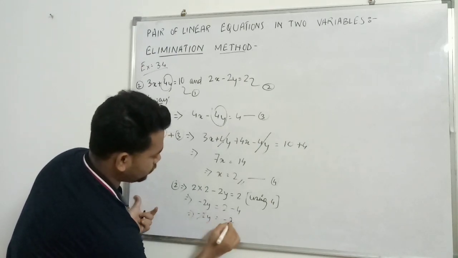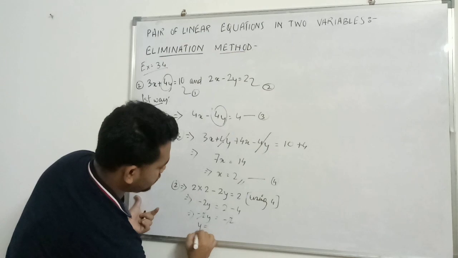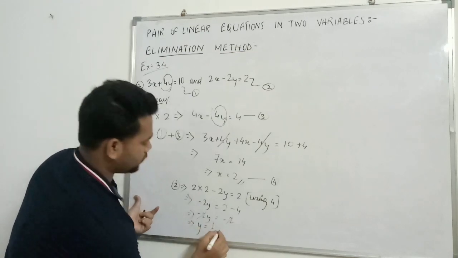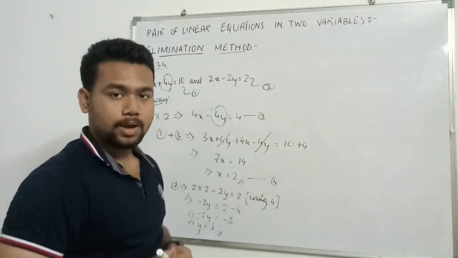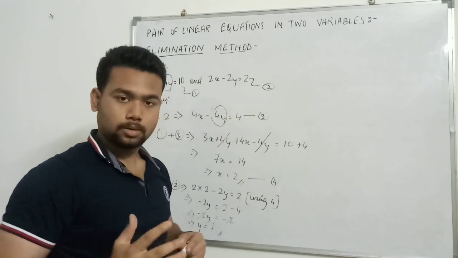So minus 2 will cancel out and y is equal to 1. So you've got x equal to 2 and y equal to 1.